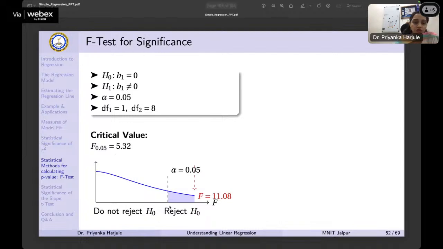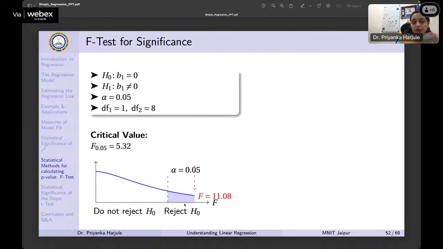Graphically, the F distribution follows a graph like this, and you set the threshold at 0.05. As we saw in the previous output, your F value is 11.08, which is greater than this 5.32. So it is above this threshold. At this threshold the F value is 5.32, but what we are getting is 11.08.